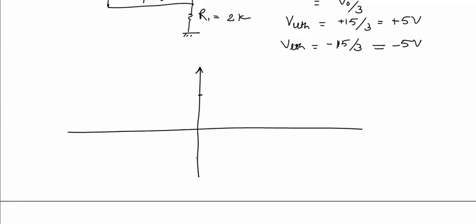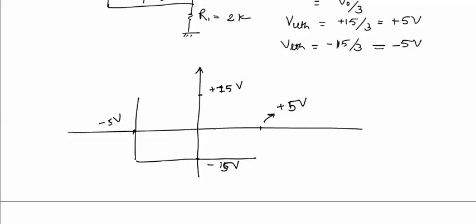We know that for the hysteresis curve, the top and bottom edges are at plus Vsat and minus Vsat, that is plus 15 and minus 15 volts. At VUTH and VLTH there will be side edges. VUTH is plus 5 volts, VLTH is minus 5 volts. Now we'll draw the rectangle of the hysteresis curve.